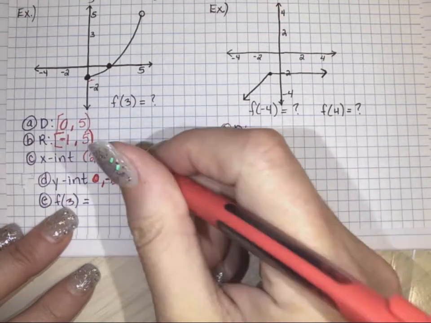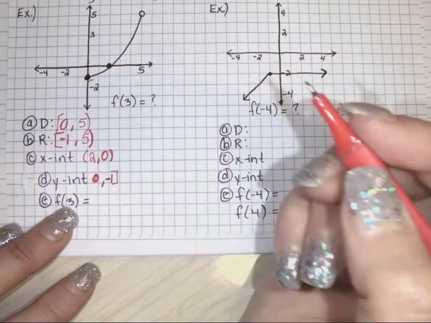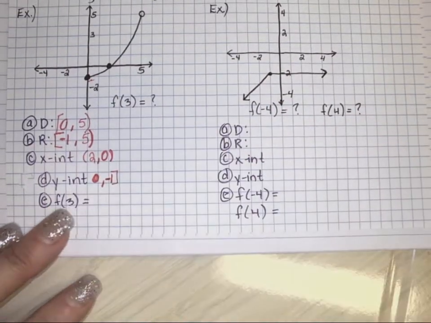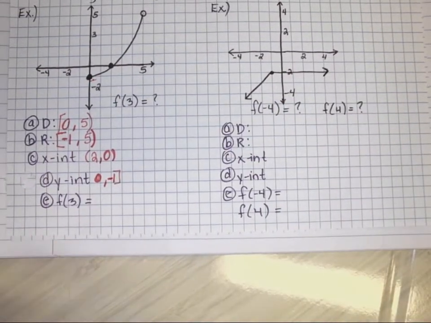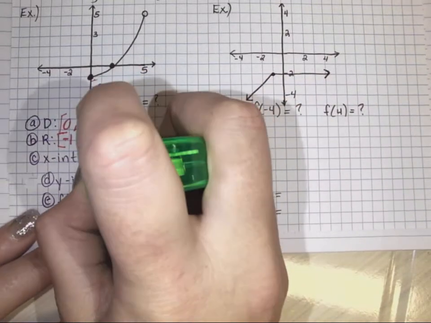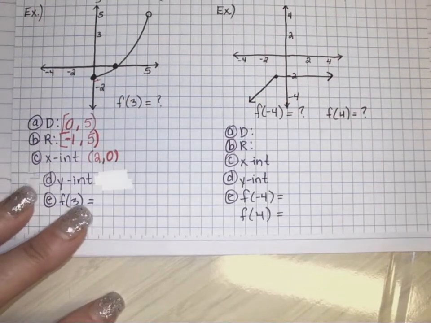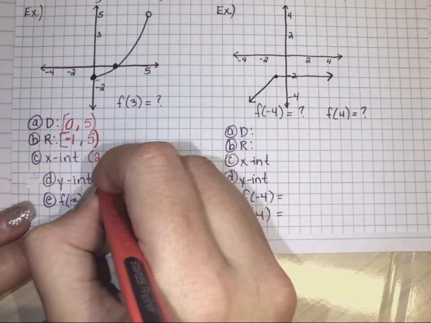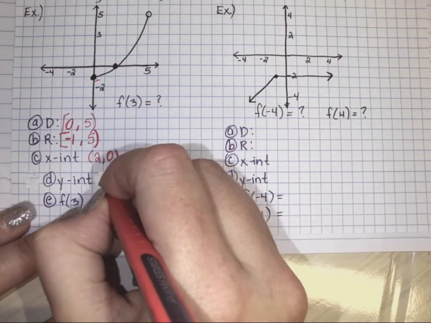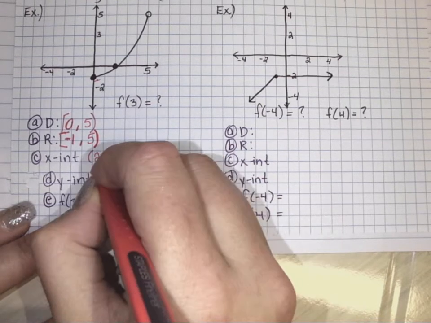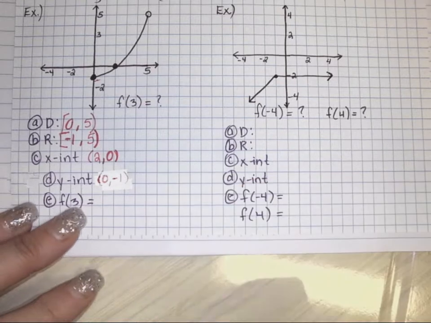And we put a bracket at -1 because it's filled in. Whoa, no, sorry. My brain is totally going the wrong direction with that. 0, -1. Just write it as an ordered pair. So my y-intercept is -1, so we write it 0, -1.